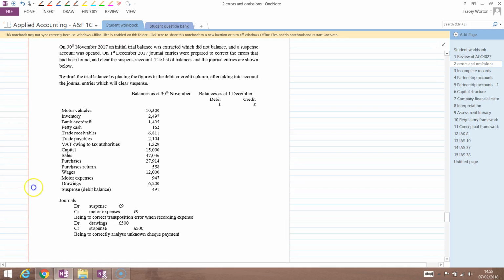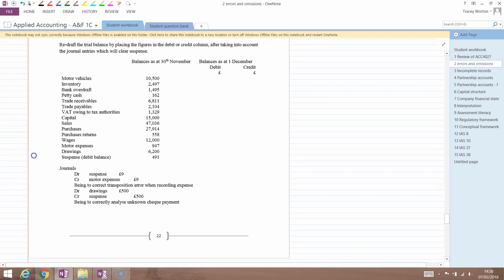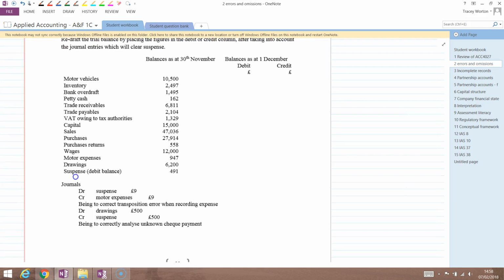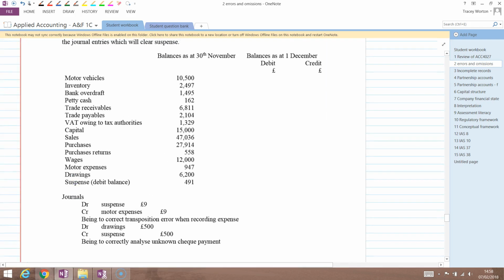So we are going to redraft the trial balance by placing the figures in either the debit or the credit column after taking into account the journal entries at the bottom that will clear the suspense account. So if we have a look then, in our first journal entry, we're going to debit our suspense account with £9 and we're going to credit motor expenses with £9.